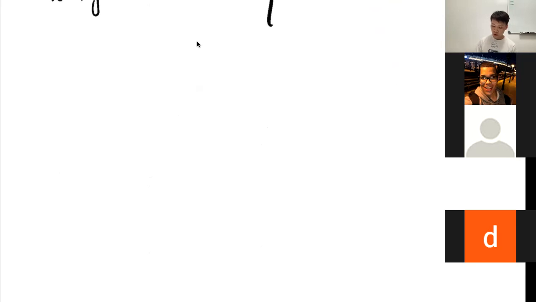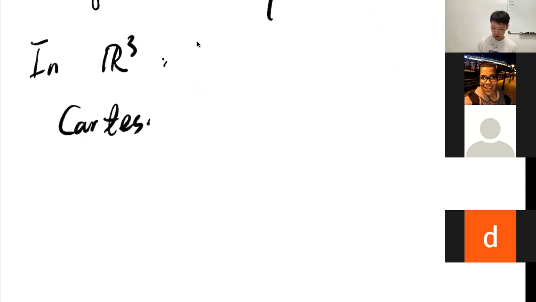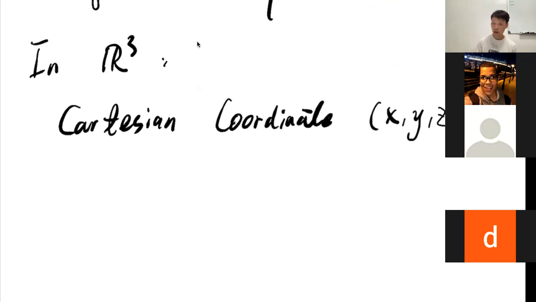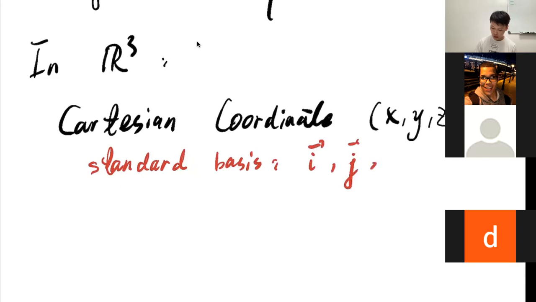Now we are doing similar things in three-dimensional Euclidean space as well. So in R3, the Cartesian coordinates are x, y, and z. The standard basis is i, j, and k.